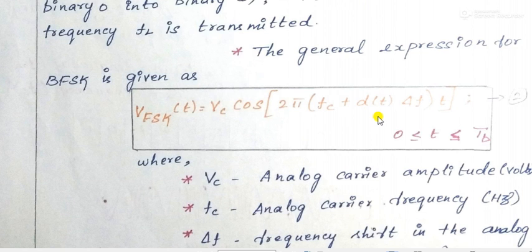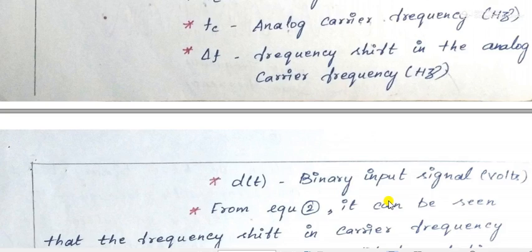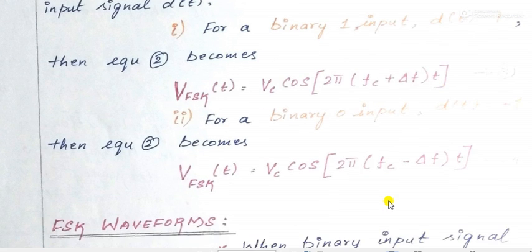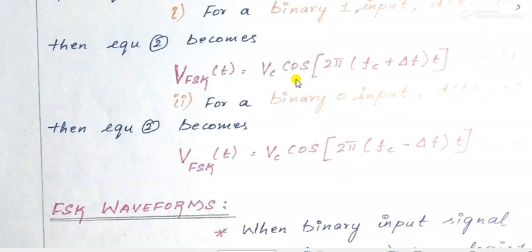For binary symbol 0, D of t is equal to minus root EB. So equations 3 and 4 depend on binary symbol 1 and binary symbol 0. And see here Vc cos 2 pi (Fc plus del F) t, because D of t equals 1; here D of t equals minus 1, so that it is a minus del F into t.